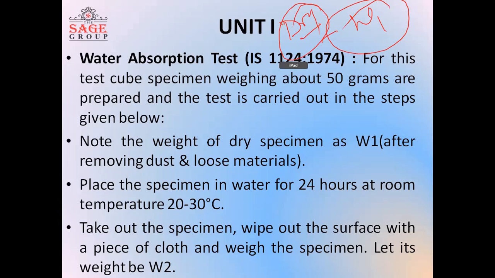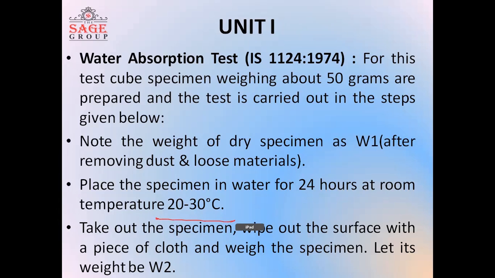Now the specimen is placed in water for 24 hours at room temperature, that is mainly 20 to 30 degrees Celsius. Then the specimen is taken out, the excess water on the surface is wiped off with a cloth, and the specimen is weighed again, which is called W2.